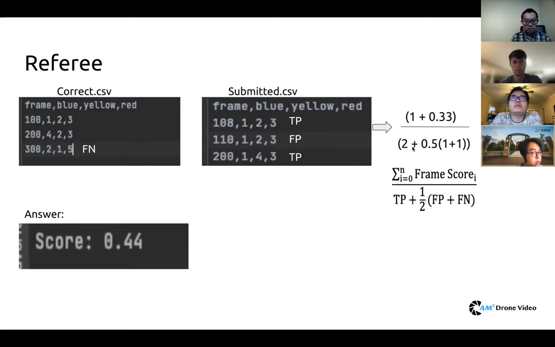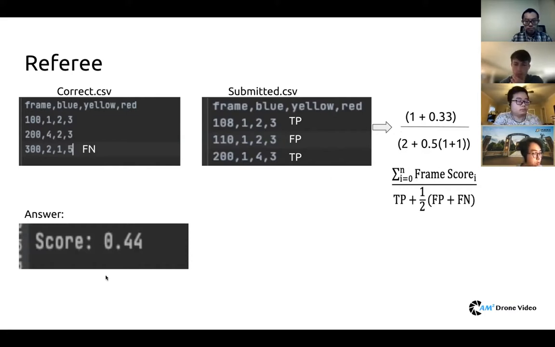And so the overall accuracy will be 1 from frame 108 plus 0.33 from frame 200, over 2, which is the number of true positive frames, frame 108 and frame 200, plus 0.5, plus 1 for the false positive in the submitted.csv, plus 1 for the false negative in the correct.csv.